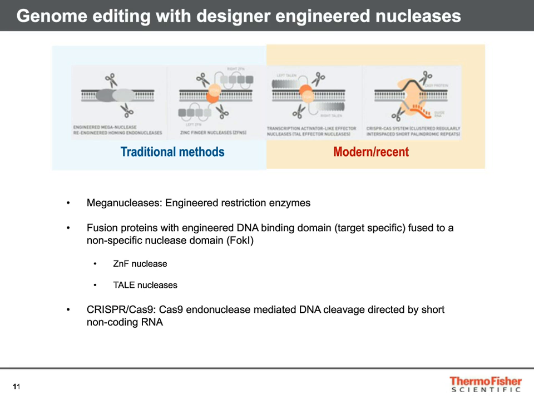Following on from that, in about 2010, 2011, were the TAL effectors. These are plant pathogen proteins that were identified, transcription activator-like effectors. Again, these are vehicles that we can fuse nuclease monomers to. These proteins have a repeat structure where each repeat is responsible for binding one particular base on the DNA.